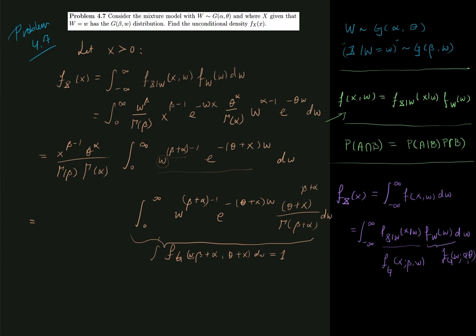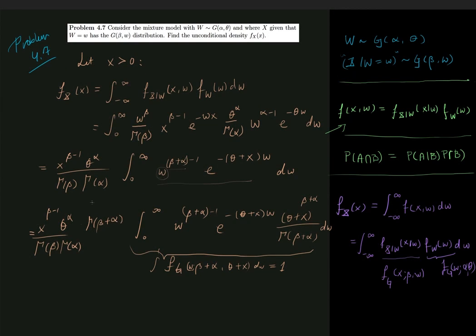However, we have multiplied with this constant, so we have essentially changed our expression. In order for nothing to change, we should divide with that same constant as well. So we will divide by this constant, which means we multiply by its inverse, in which case we get theta plus x to the beta plus alpha. And this entire term just cancels out because here we recognize a gamma density that integrates to 1.